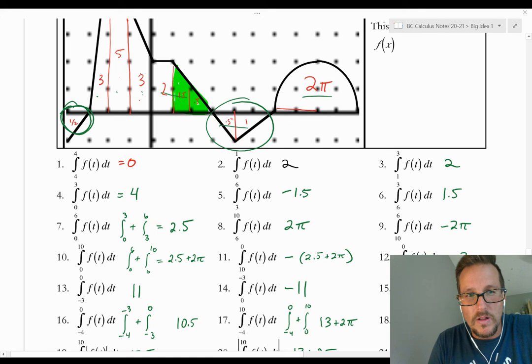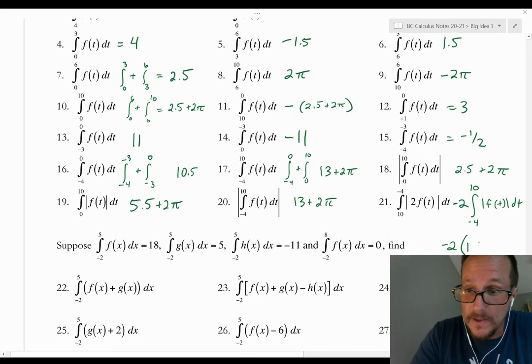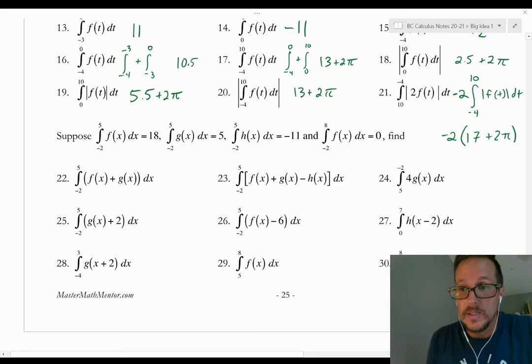So all that grand total is 2 and 4, 6 and 11, 17 plus 2 pi, and then multiply that by negative 2. I'm not going to worry about that. That's negative 34 minus 4 pi. No big sweat.